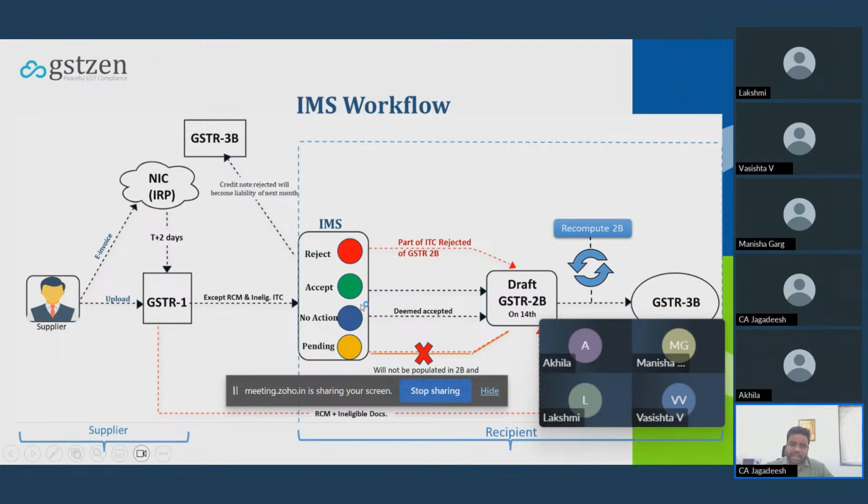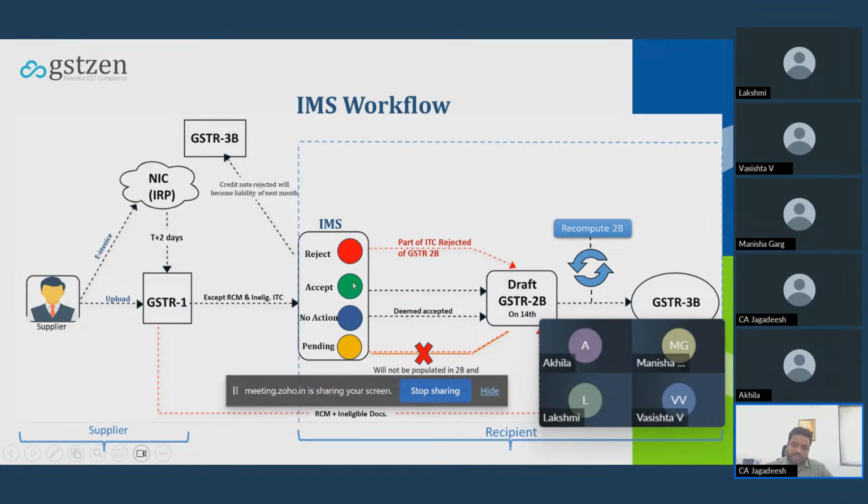In the IMS dashboard, the recipient has four options. Either he can reject it, accept it, mark it as pending, or if he doesn't want to take any action, he can leave it like that. In case of no action, it is deemed to be accepted.